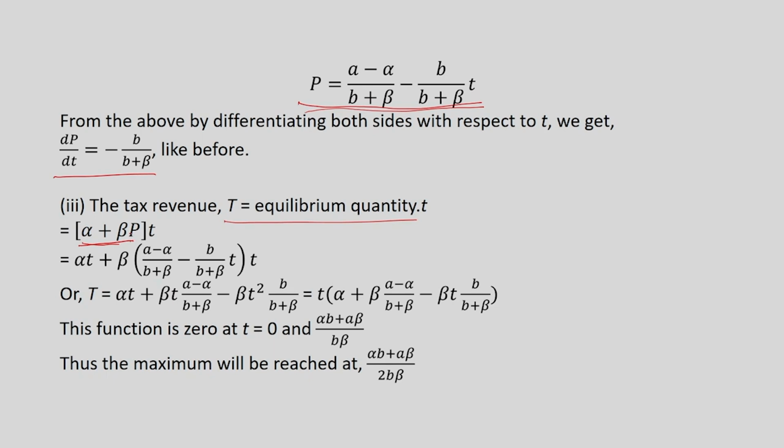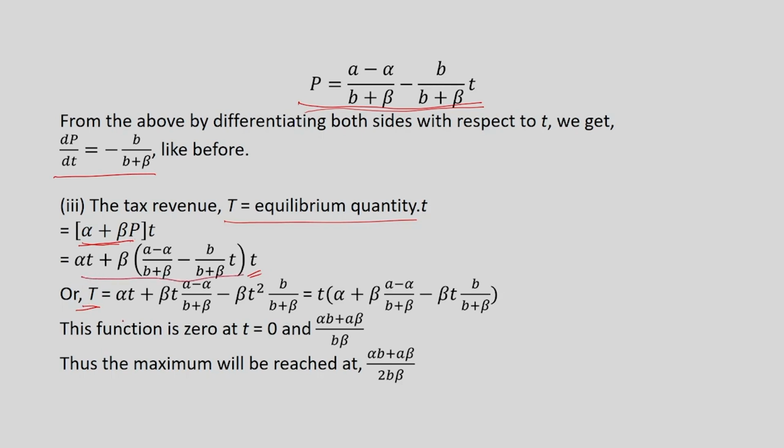I have to substitute that here, and mind you, I have just broken down this term. So, it will be alpha multiplied by T plus beta multiplied by the equilibrium price, which is A minus alpha divided by B plus beta, minus B T divided by B plus beta, whole thing multiplied by small t. So, our capital T, which is the tax revenue to the government, is this expression.